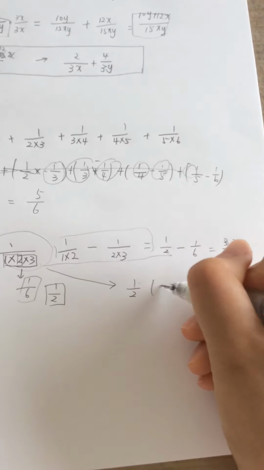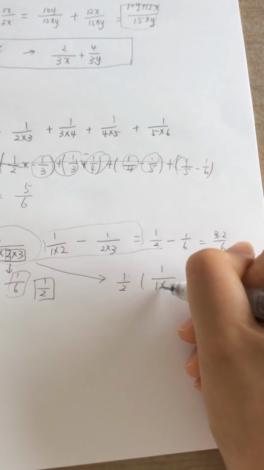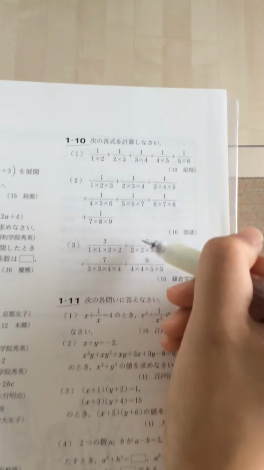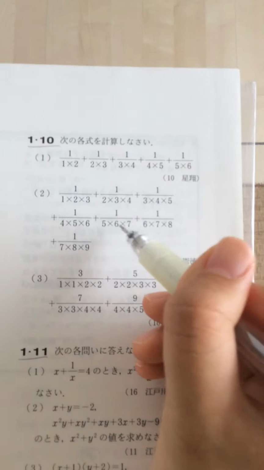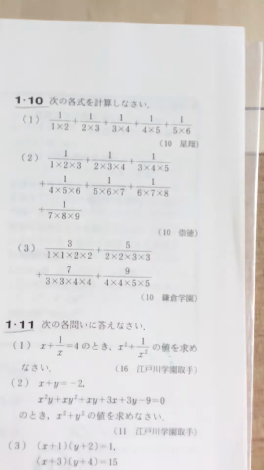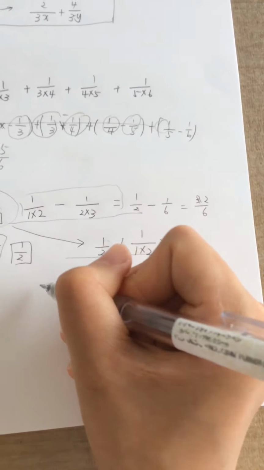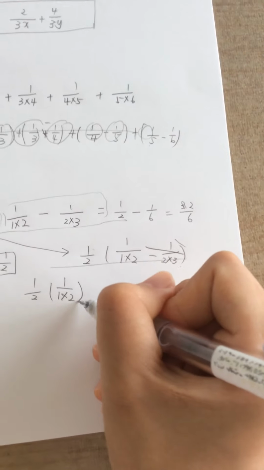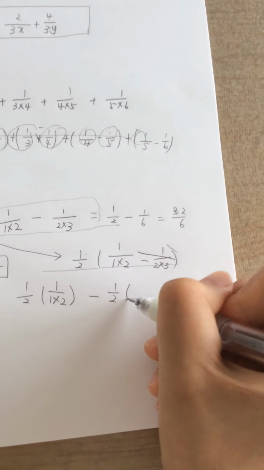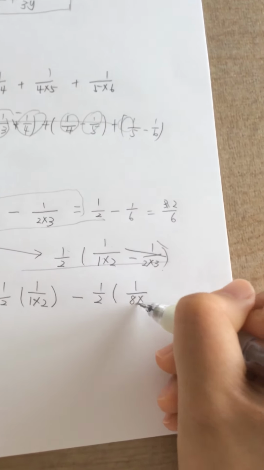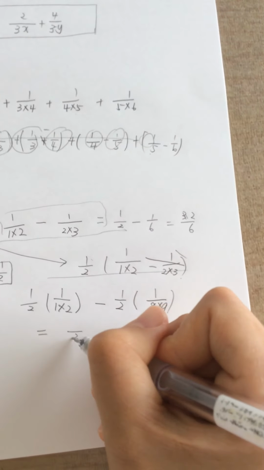So in order to break this down, it turns out to be 1 over 4 multiplied by 1 over 1 multiplied by 2 minus 1 over 2 multiplied by 3. And all those equations go like that, then all the terms in the middle will disappear because they turn into 0, and give us the first term and the last term. This gives us 1 over 4 multiplied by 1 over 1 multiplied by 2 minus 1 over 8 multiplied by 9.